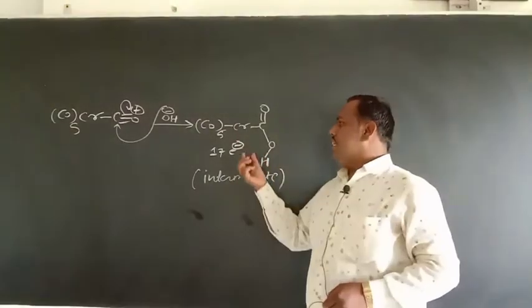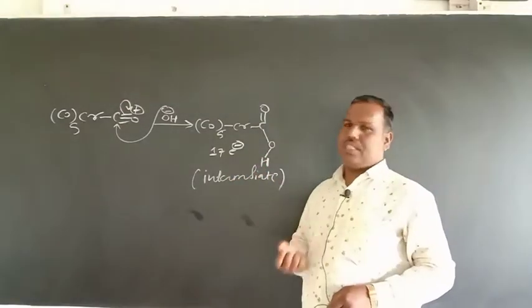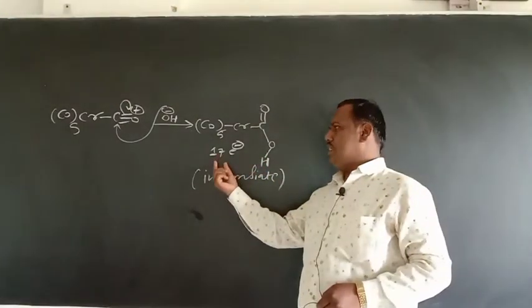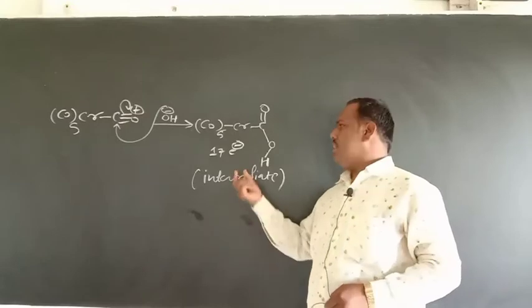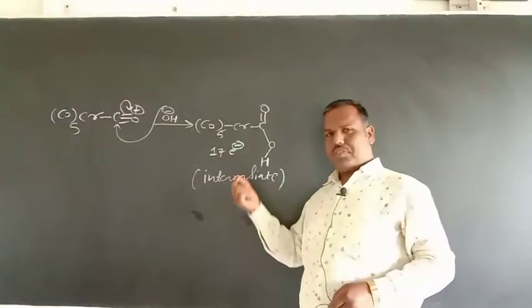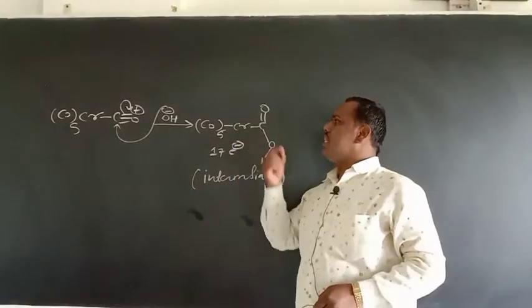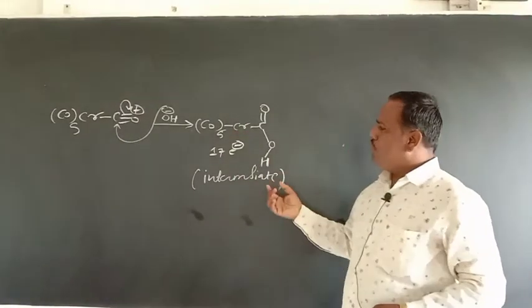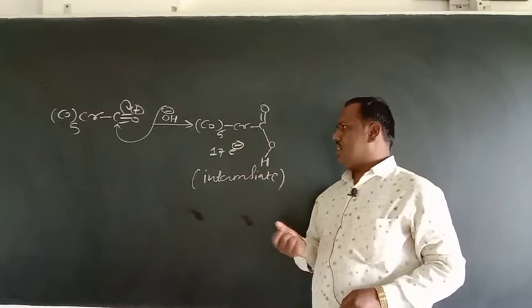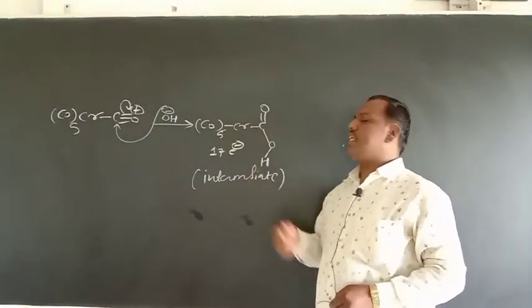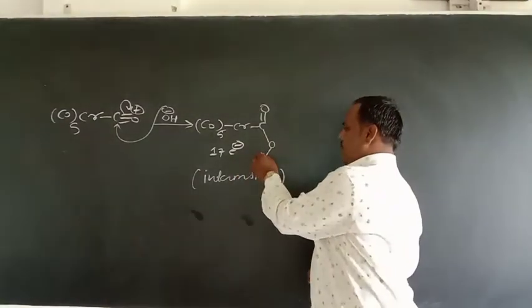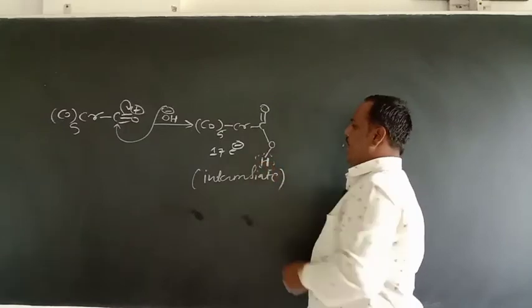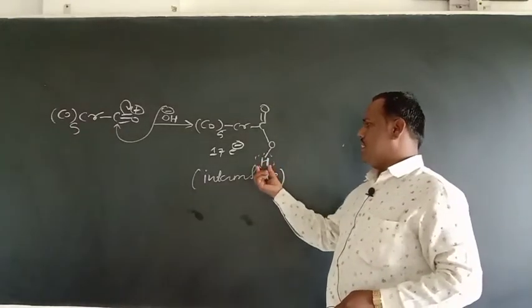One electron is short, so it is not a saturated metal atom, and therefore, to get 18 electrons, it will show agostic interaction with this acidic proton.